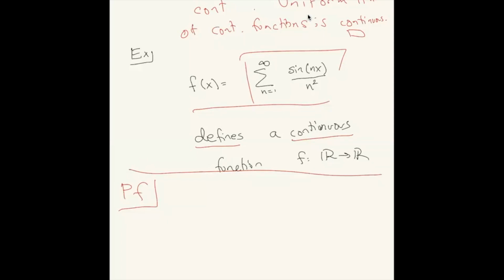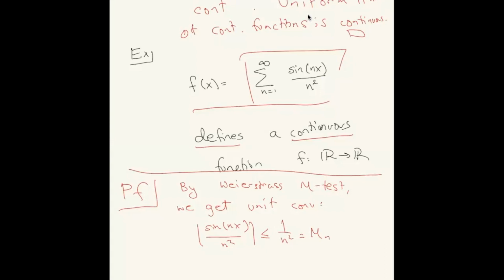Well, by the Weierstrass M-test, we get convergence, uniform convergence. Why? Because the absolute value of sine of nx over n squared is less than or equal to 1 over n squared, which is equal to Mn, by setting Mn as follows.